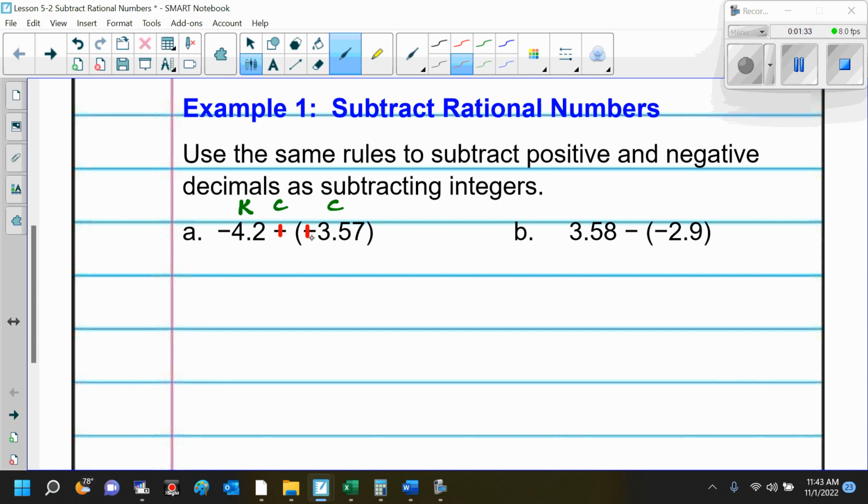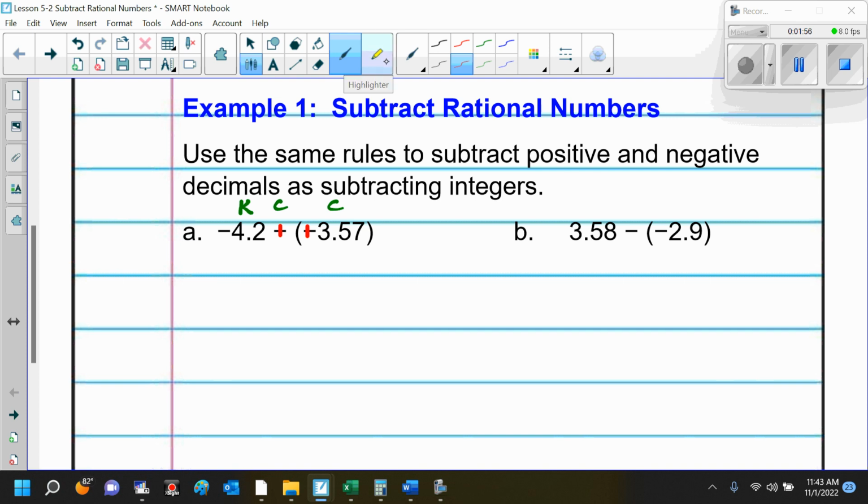And now we follow our rules for integers. So here we have different signs, so we're going to subtract the digits and take the sign of the bigger number. So which one is bigger, the 4.2 or the 3.57? 4.2. We're looking for the absolute value. We're not taking into consideration the signs.